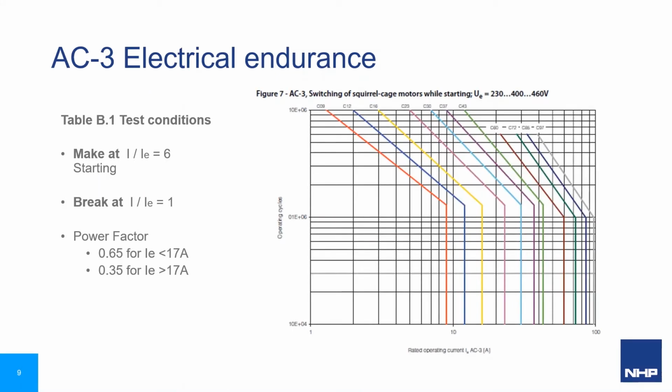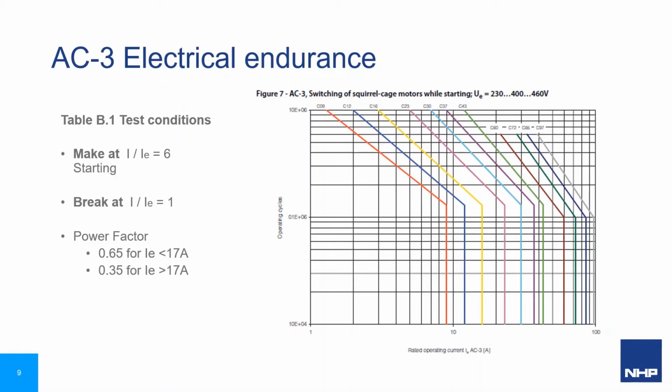Electrical endurance curves are provided to guide a contactor's expected operating life for motor applications based on gradual electrical wear of the contacts, which occurs during making and breaking of the load, where arcing occurs and contact material vaporizes. The verification of these is done through testing as set out in Appendix B, Part 3 of 60947.4.1.